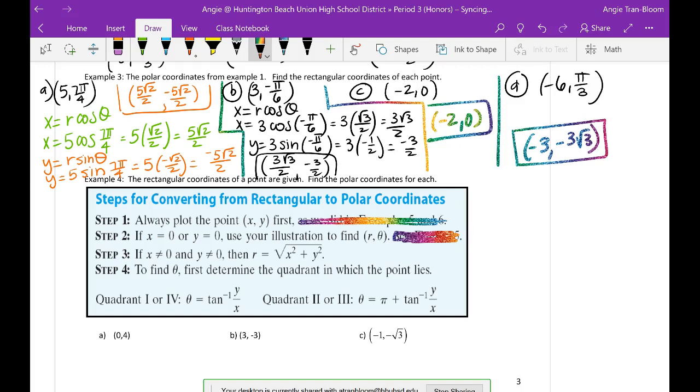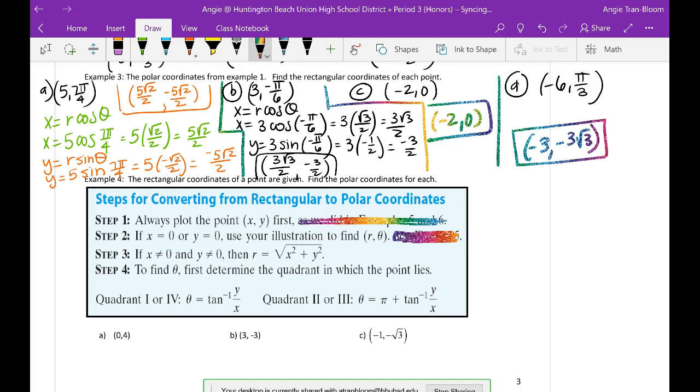Can you help me read step 2, please? If x equals 0 or y equals 0, use your illustration to find the radius and theta. Very good. Dylan, help me read step 3, please. If x is not equal to 0 and y is not equal to 0, then r equals the radical of x squared plus y squared.